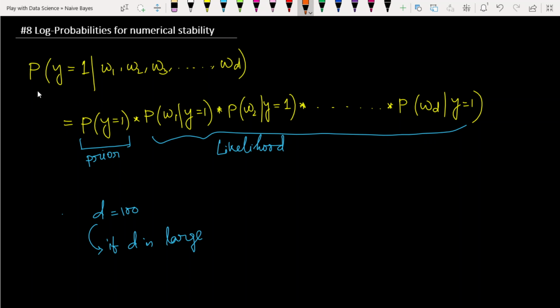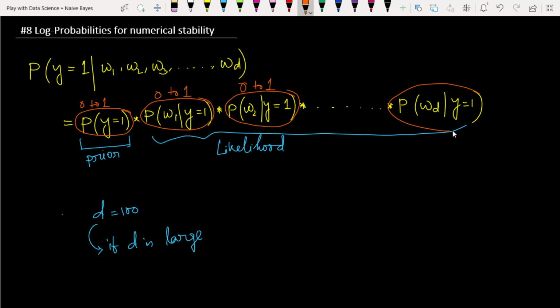Just see this. Each of these is a probability, so each value lies between 0 and 1, and this one also lies between 0 and 1, and so on.